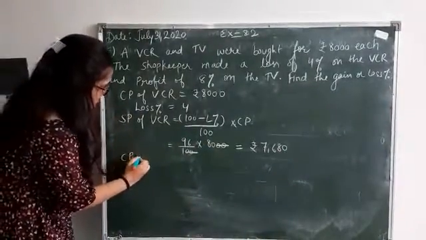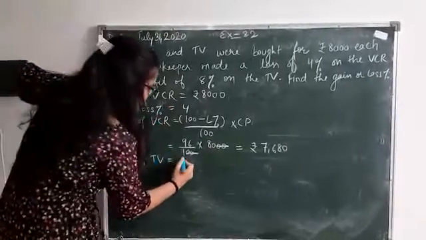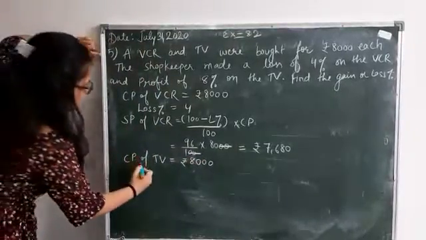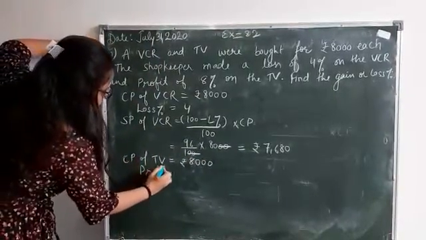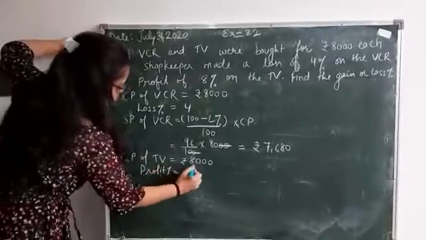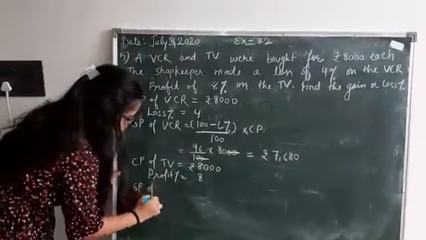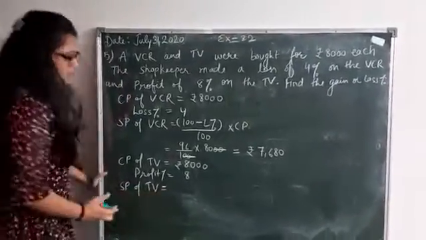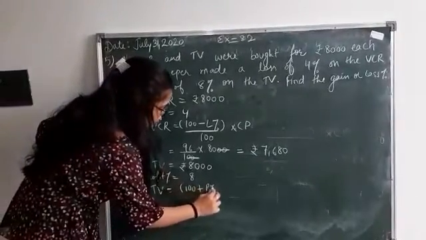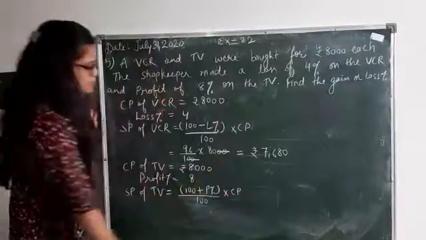So cost price of TV, it is same 8,000 rupees, and profit percent on this, profit percent is 8, and then selling price of TV, formula will be 100 plus profit percent upon 100 multiplied by CP.